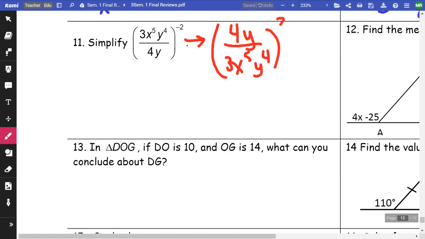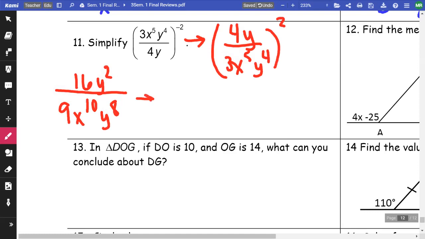Now it's raised to the positive 2. And so I'm going to get 16y squared on top, temporarily, 9x to the 10th, y to the 8th, and I am going to clean that up. So 16 over 9 I can't clean up, but I have 2 y's on top and 8 y's on bottom. So my x to the 10th is going to stay, and this is going to become a y to the 6th. And that's your answer.